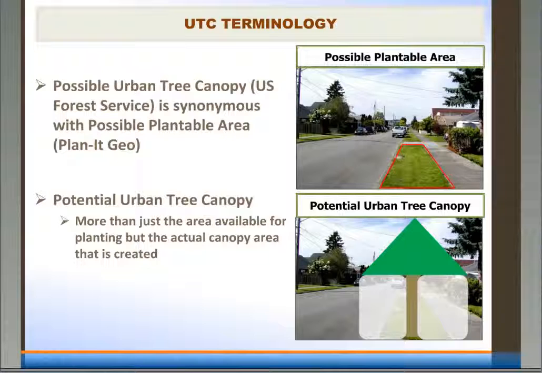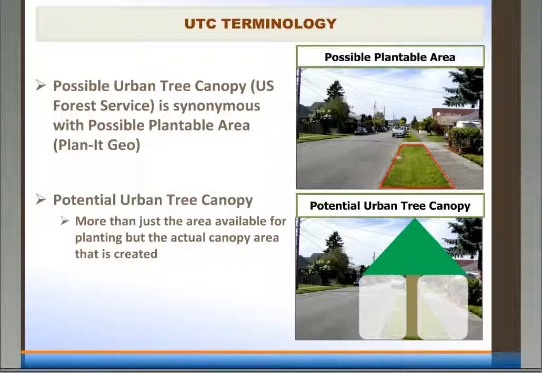Just one distinction, a term that's been around for quite some time, from the beginning of urban tree canopy assessment. The U.S. Forest Service and Northern Research Station were using the term possible urban tree canopy, or possible UTC. We have steered away from using that term, mostly because what you're actually mapping, and this is a very clear example, is your possible planting area, but it doesn't represent the canopy.